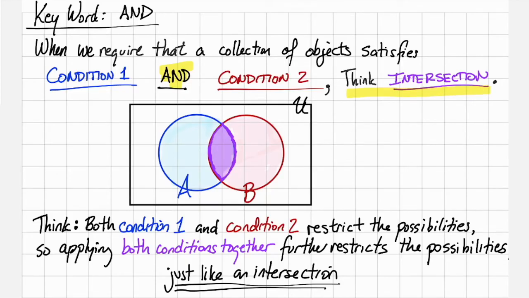It's natural to bring up the idea of intersection because we can think of condition 1 as restricting the universe of possibilities, and condition 2 also restricting the possibilities. So if we're applying both of the conditions together, both of them are restricting the possibilities further, just like how an intersection is the restriction of elements that are in A and in B.